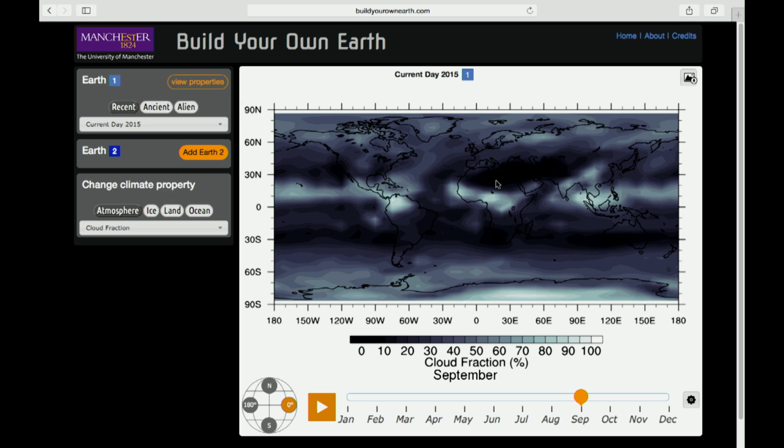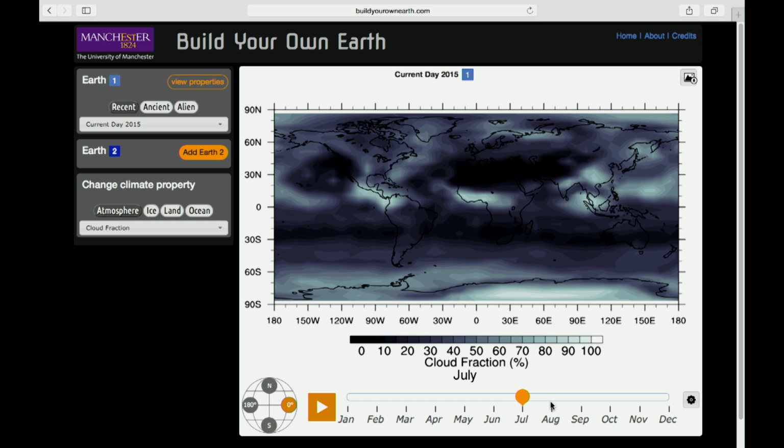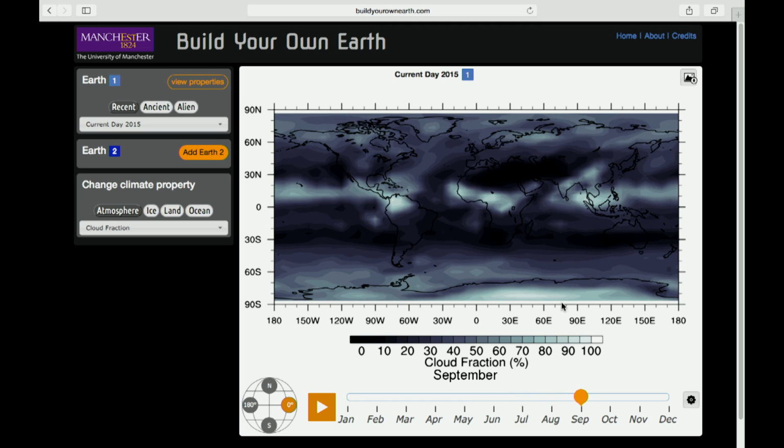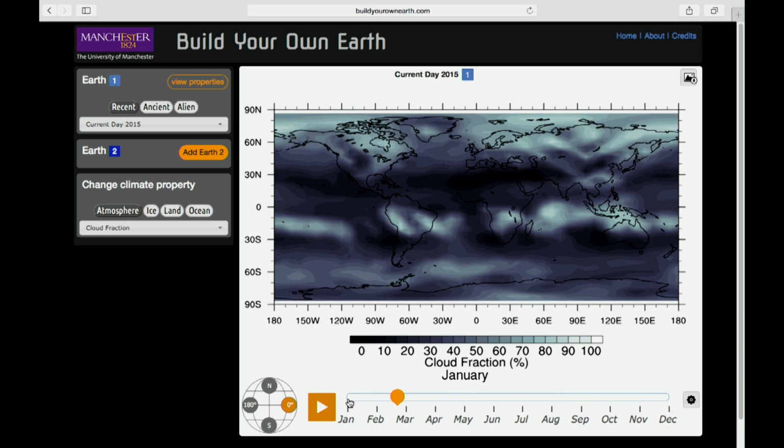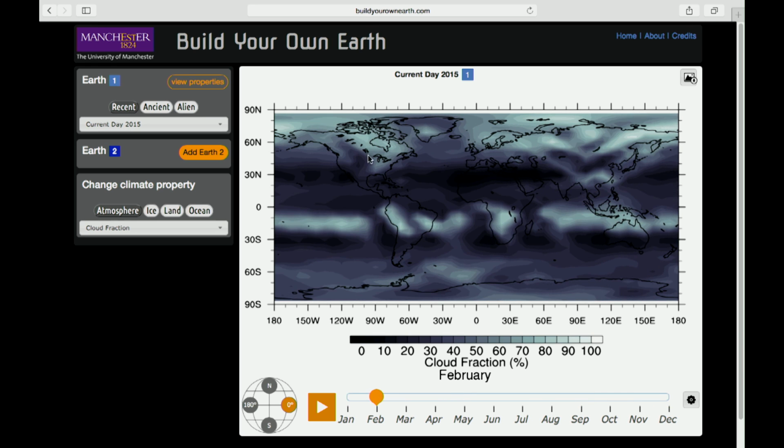You can also see that the poles are very cloudy over winter months. So during July, August, and September, you have high cloud cover values over Antarctica, whereas in December, January, and February, you have high cloud cover values over the Arctic.